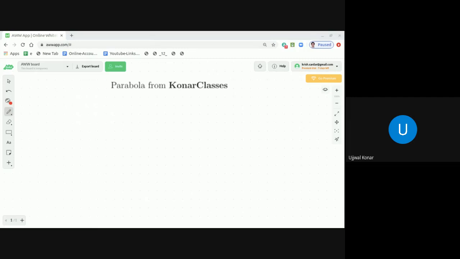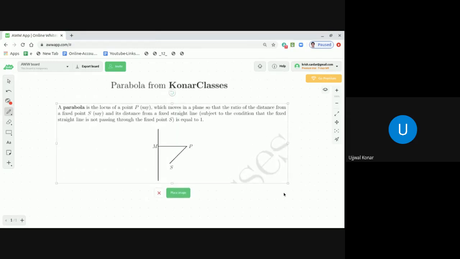Whatever I said, dear students, let me write it down from the study material so that you get a clear idea, and then we'll discuss it further. So, the equation of a parabola is something like this.